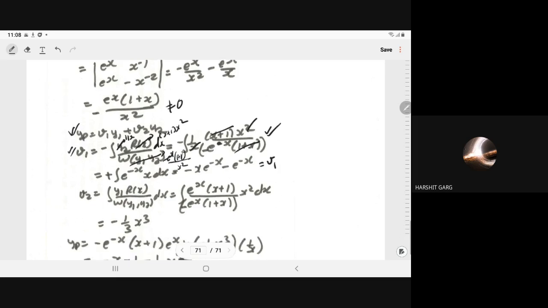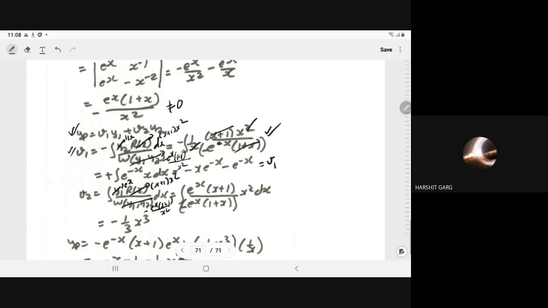Similarly, if you compute v2, it is the integral of y1 into rx upon w into dx. So y1 is what? e to the power x. rx is x plus 1 into x square, upon w. w is what? e to the power x into x plus 1 upon x square, with negative sign.